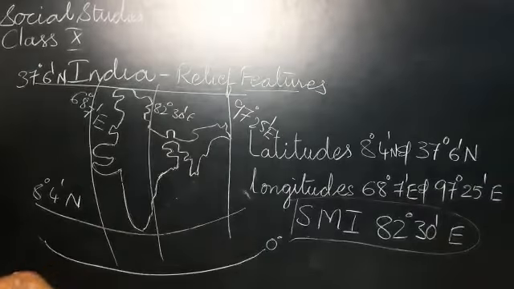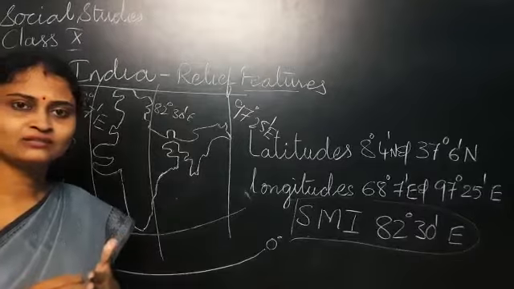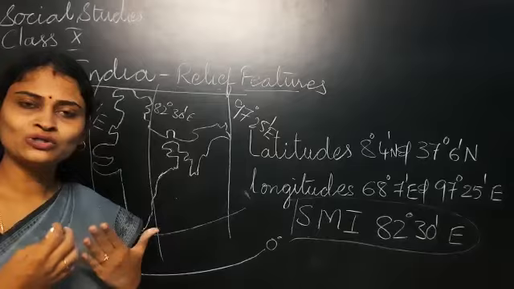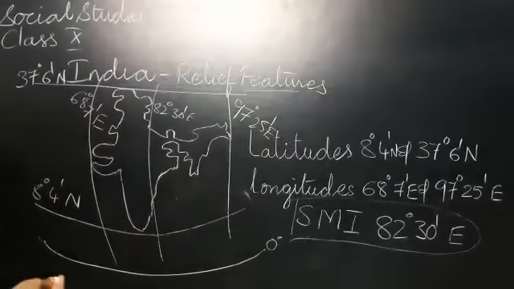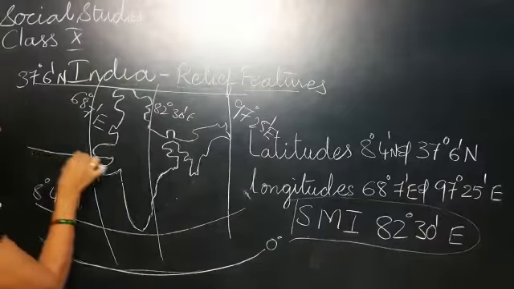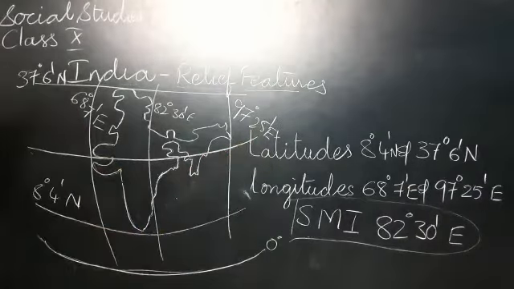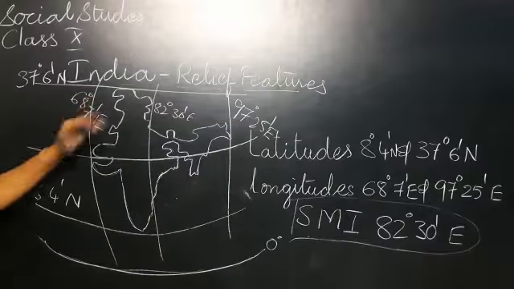And there are some important latitudes. These important latitudes are useful to know the climatic conditions and the places, isn't it? Equator is 0 degree, and one of the important latitudes. India is located above the equator, isn't it?